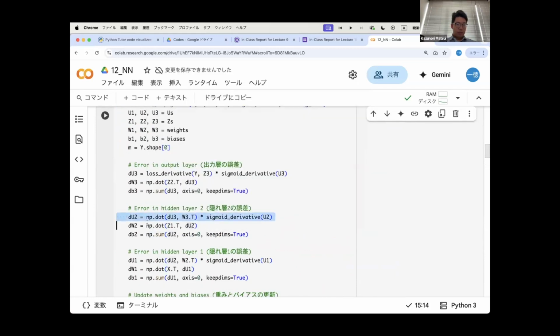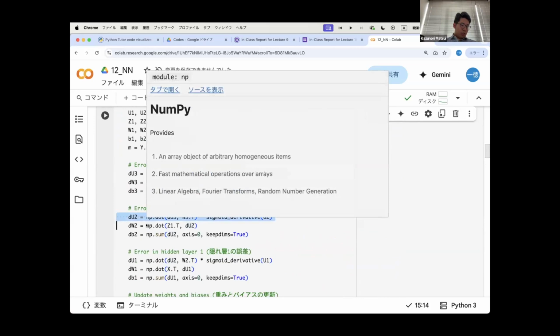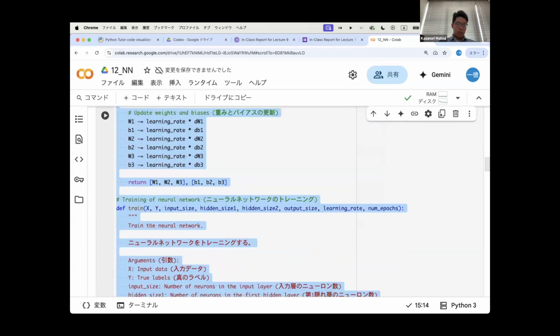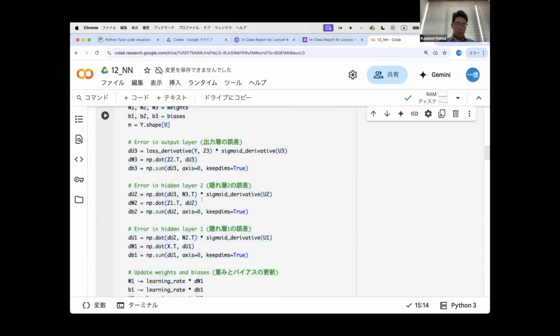Here. Using this, we calculate the partial derivative with respect to W2, and the partial derivative with respect to B2.